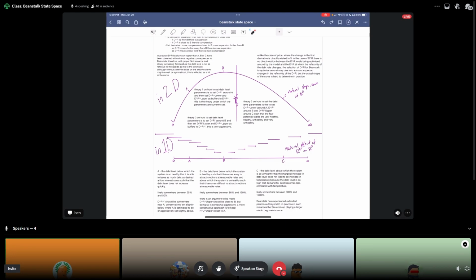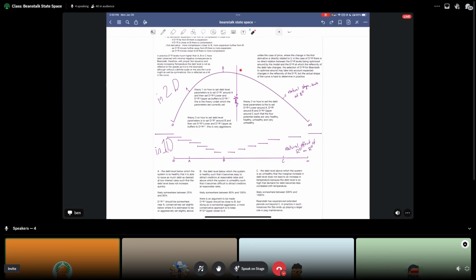The reason that it's stretched out like this, flat to the right, is because as the temperature gets higher and higher, as we've experienced, there becomes a point where the marginal increase in debt level doesn't really affect as much the temperature at which Beanstalk needs to issue things, and therefore the debt level is less reflexive with respect to itself at much higher debt levels.